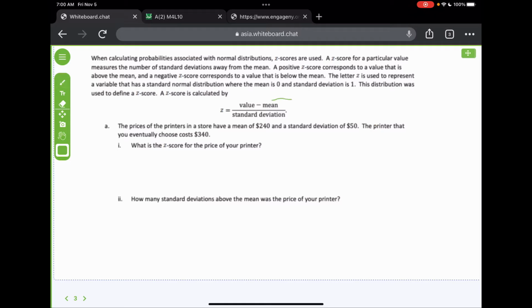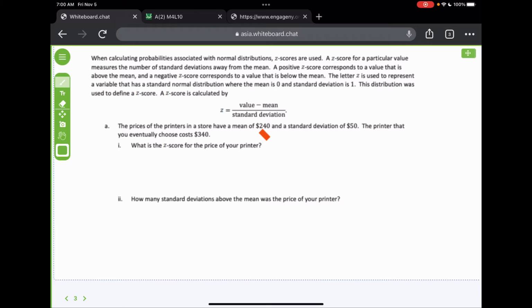So here's your formula to find a z-score: whatever value you're looking at minus the mean divided by the standard deviation. Now, I'm not talking about standard deviation 1, 2, 3 whenever we're looking at it on the graph. It's what do we calculate the standard deviation to be. If the typical value away from the mean is 50, then that's your standard deviation.